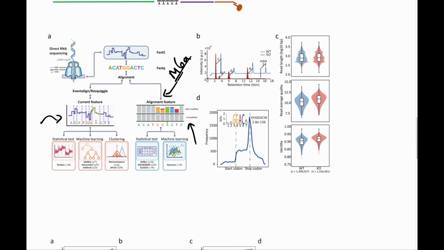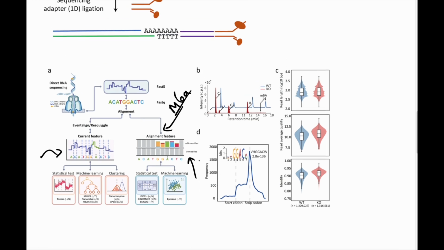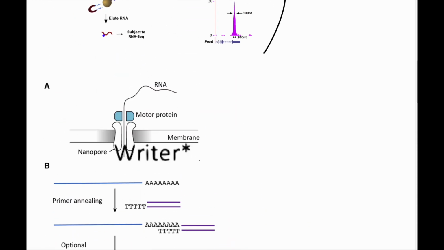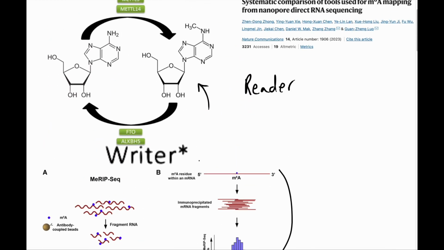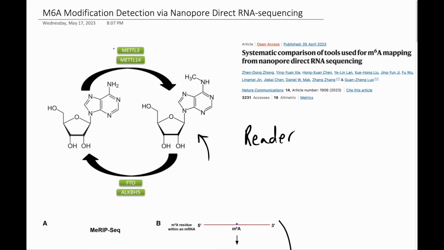The unmodified base set here is basically a data set that does not contain these m6A modifications. And in this particular study, this is done by knocking out the writer protein, specifically METTL3.